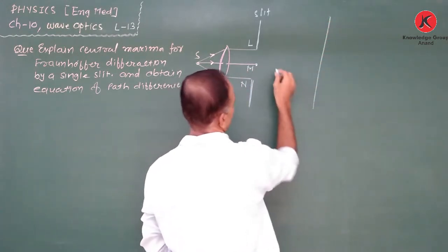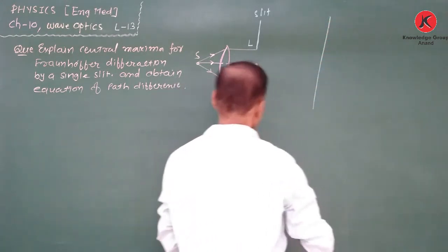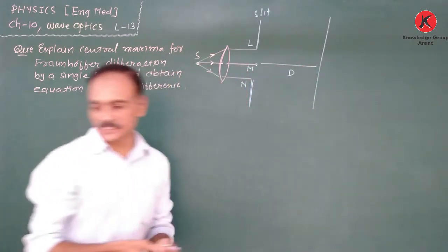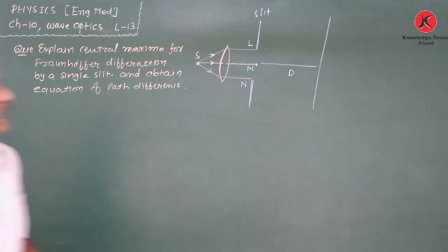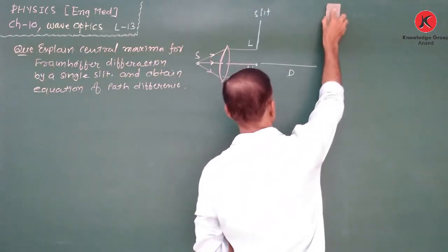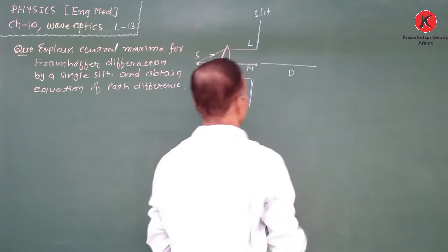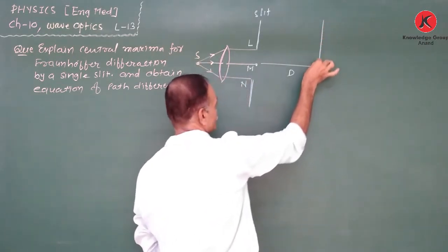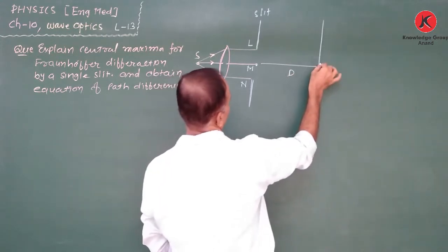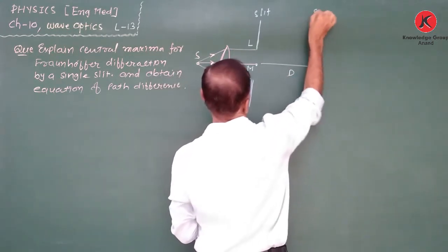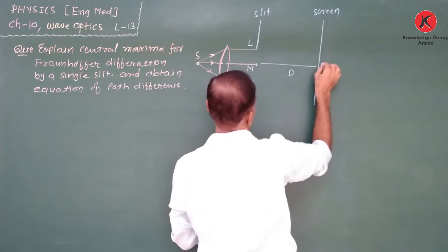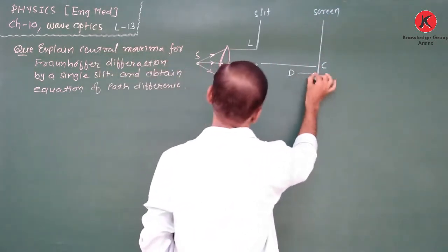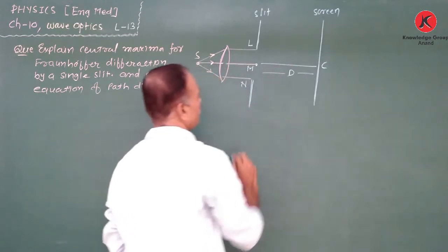The screen is placed at distance D from the slit LN, at the perpendicular bisector of the slit. There is the screen, and there is the point C.